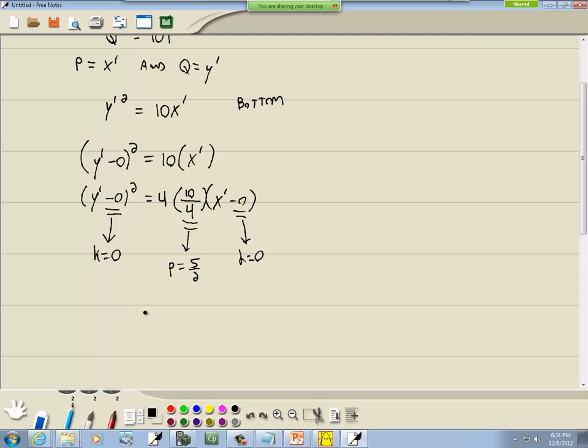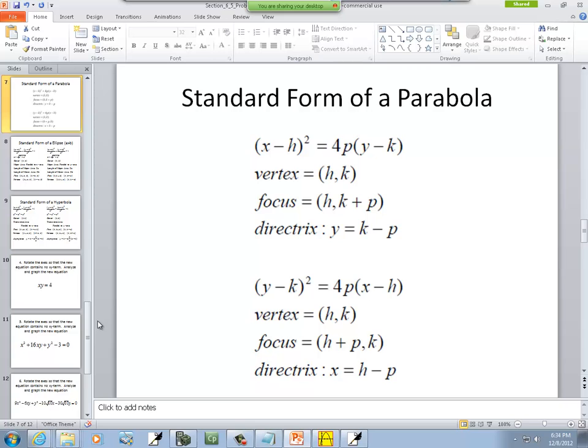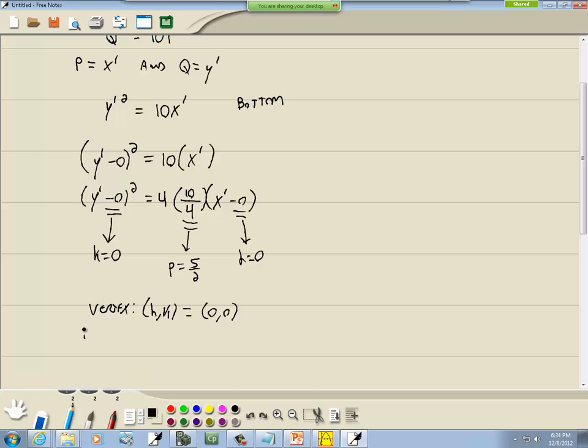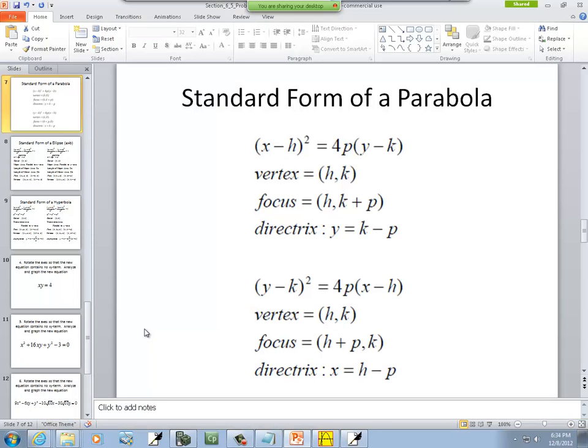So then our vertex is h, k, which is 0, 0. And our focus is h plus p, k.